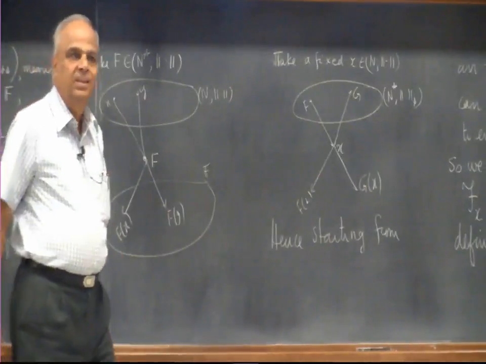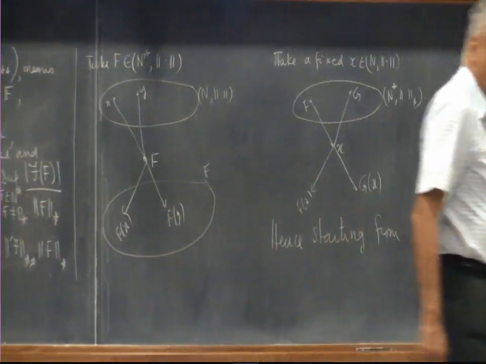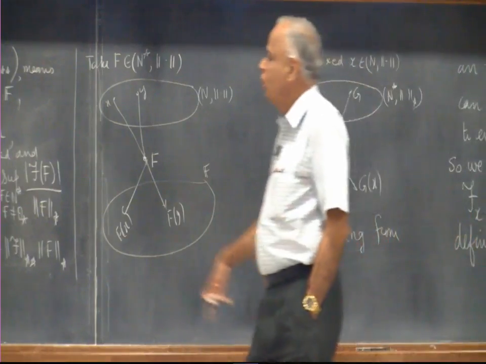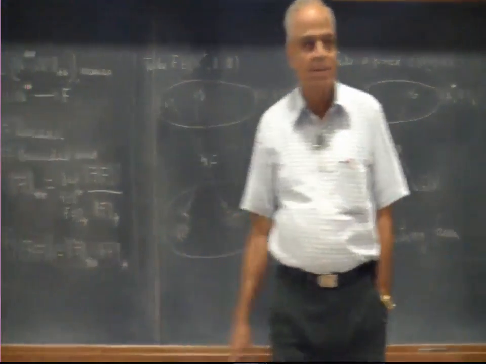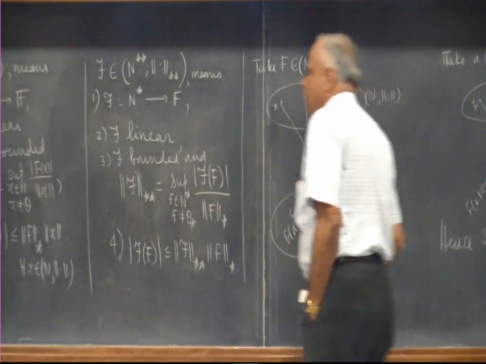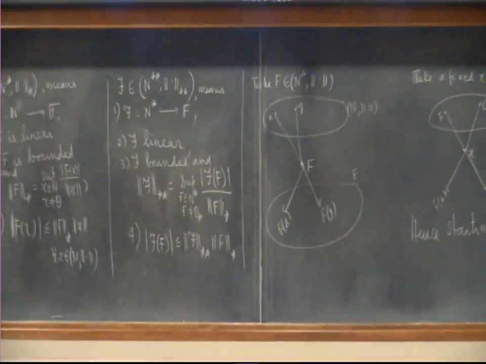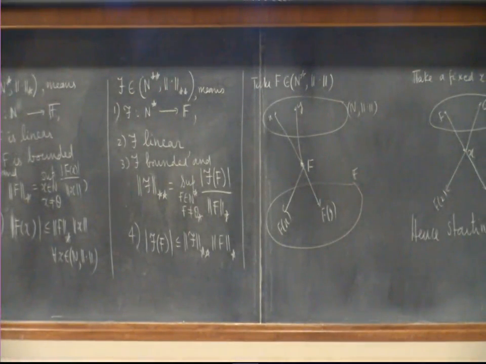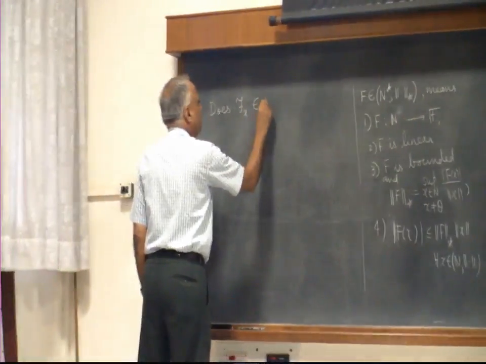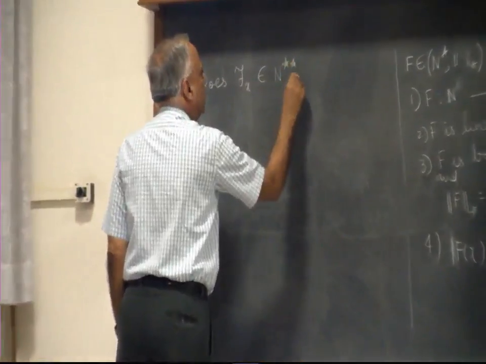Okay. Is that clear? So therefore we have now a functional on N star, and the moment I have a functional on N star, I would like to know whether it's a bounded linear functional, etc. Okay. So the question that arises is, does F_x belong to N double star?